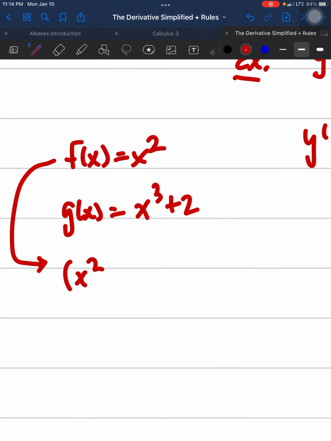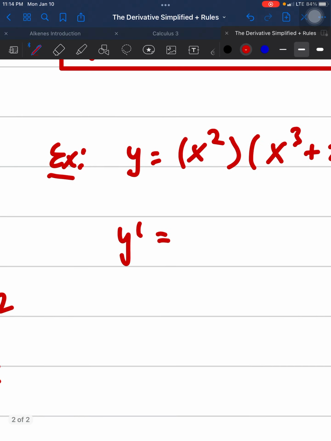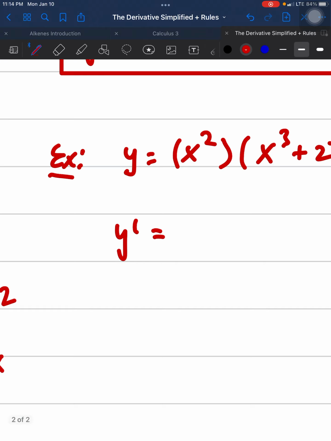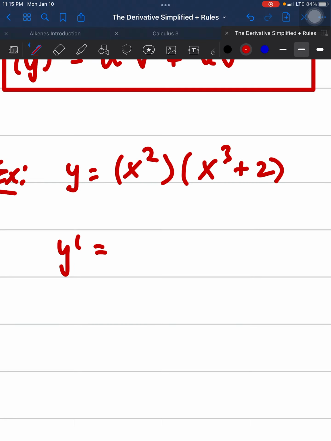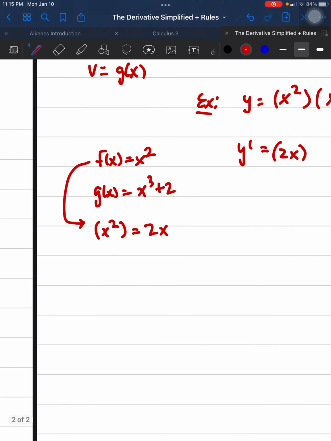So the derivative of x squared is just 2x, because we brought down the 2, subtracted 1 from the power. 2 minus 1 is just 1, and x to the first power is just x. So the first thing we're gonna plug in is 2x, because the derivative of f of x is equal to 2x.